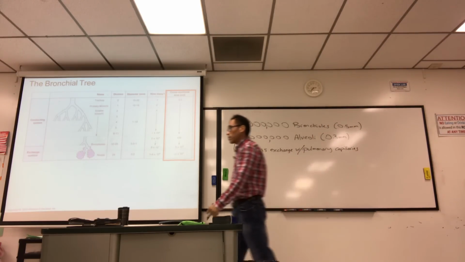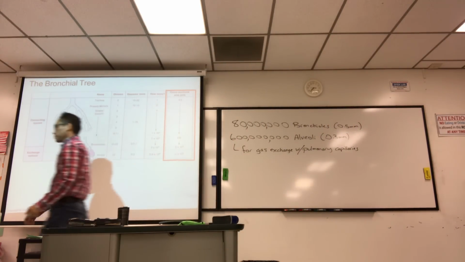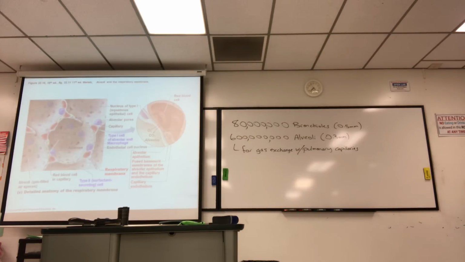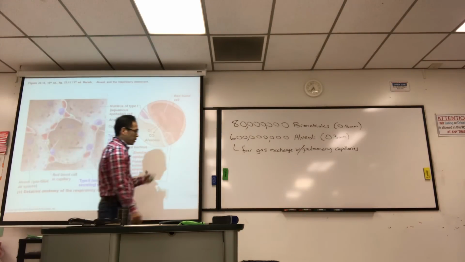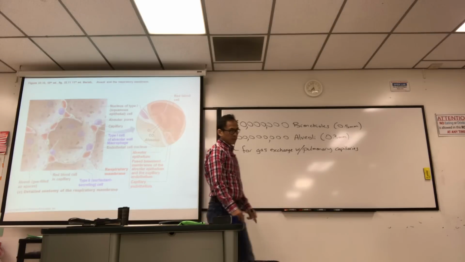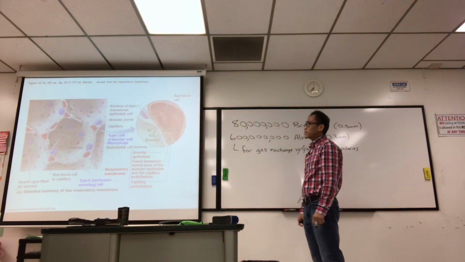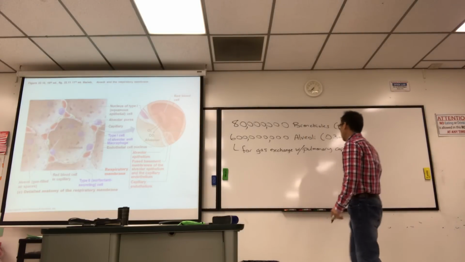Let's look at what's called the respiratory membrane. 600 million of these, and it shows you the different cell types. The alveoli are tiny air sacs that interact with the pulmonary capillaries.